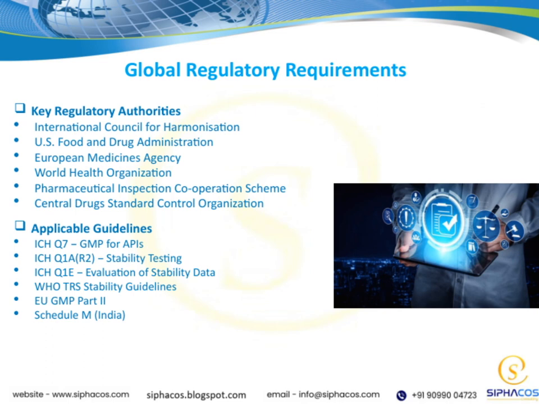Alongside these bodies, there are specific guidelines we follow, from ICH's GMP standards for APIs to stability testing protocols, stability guidelines, and regional rules like the EU GMP Part II and India's Schedule M together. They form the framework that keeps medicines safe and effective worldwide.